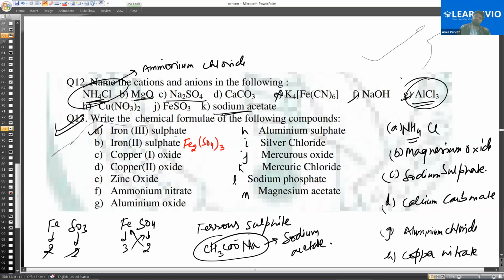The next one, copper oxide. What is the formula for the C? Have you written this one? Yes, sir.